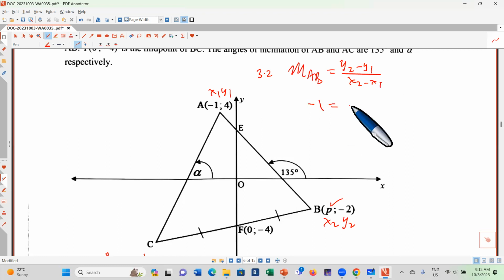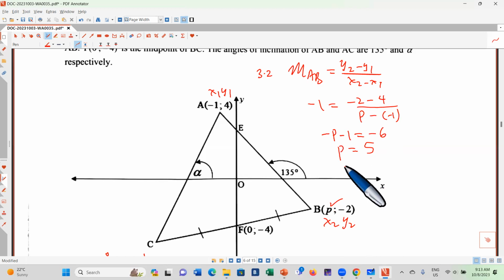It is -1, and y2 is -2 minus y1 which is 4, divided by x2, which is p, minus x1, which is -1. So this one becomes p plus 1. You cross multiply. It's minus p minus 1 equals -6. If you move the 1 to the other side and you divide, it becomes exactly the number 5. So in other words, p equals 5 there.